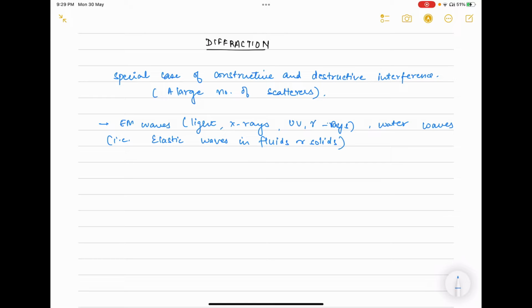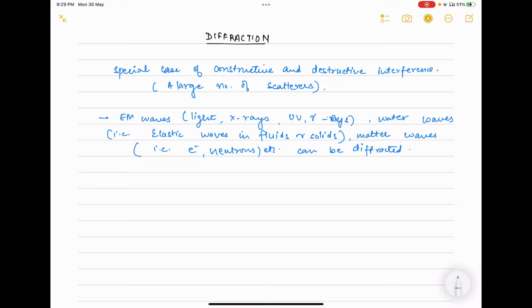Then matter waves, that is electrons or neutrons, etc. These all can be diffracted. It is not like only the EM waves can be diffracted, but all the others can also be diffracted. Now, we know what can be diffracted and what diffraction is.